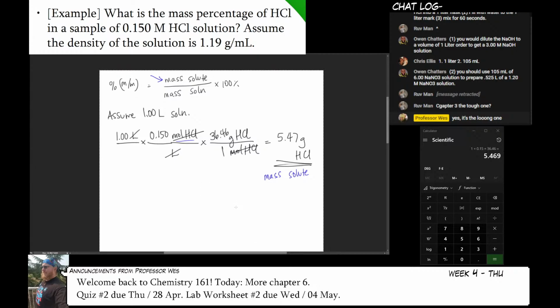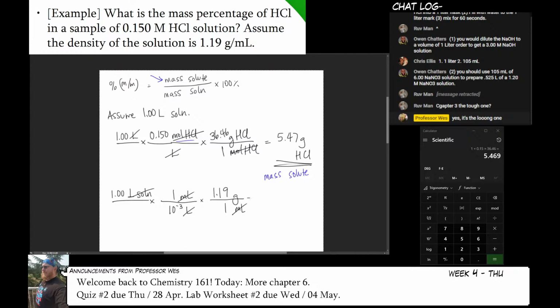Now, what about the mass of the solution? If I still have 1 liter of solution, what would the density tell me? First I have to turn liters into milliliters. And then I know that the solution has a density of 1.19 grams per milliliter.